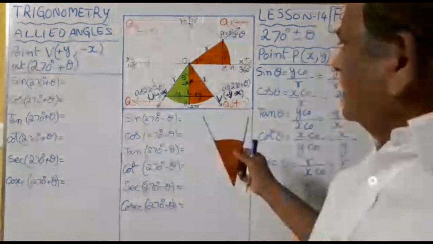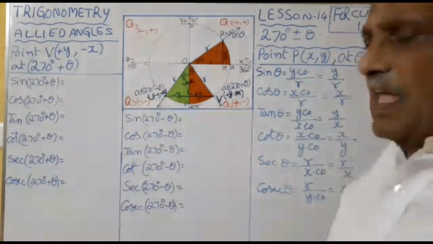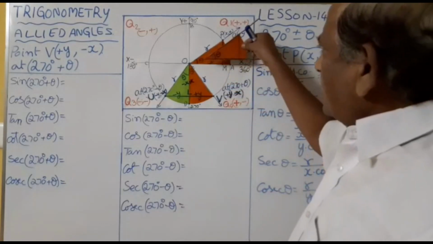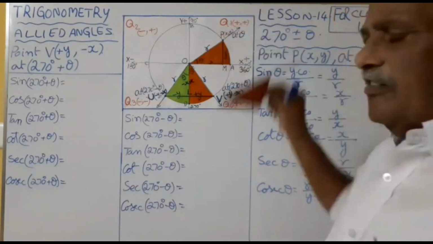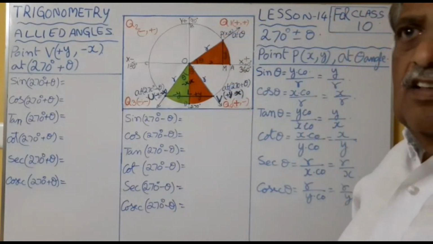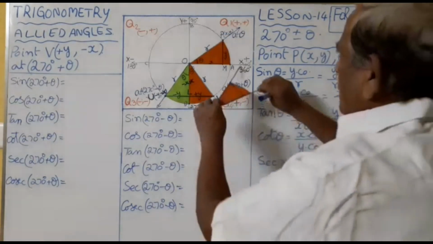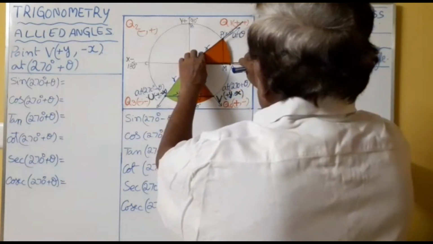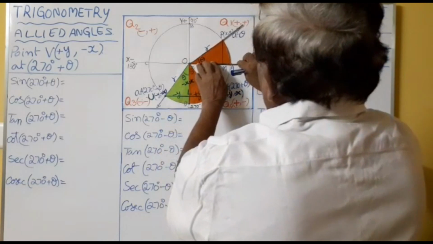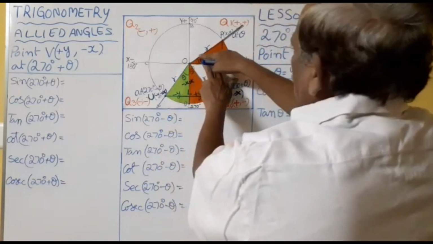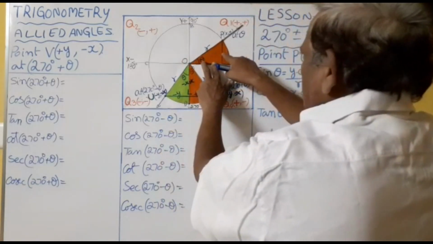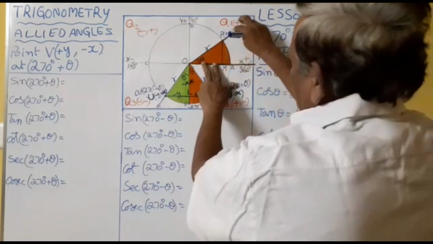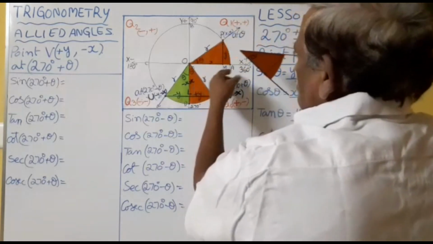Here is a sector exactly identical to this sector. Let us place it on it. The edges exactly coincide. Therefore, this is exactly equal to the sector.